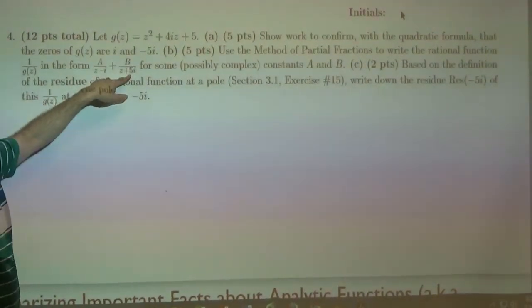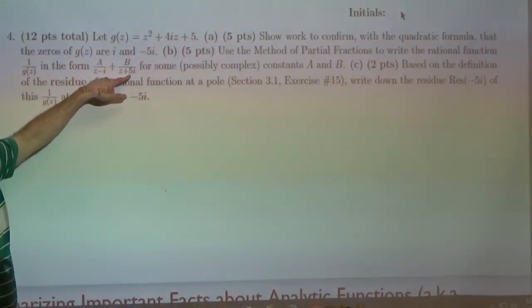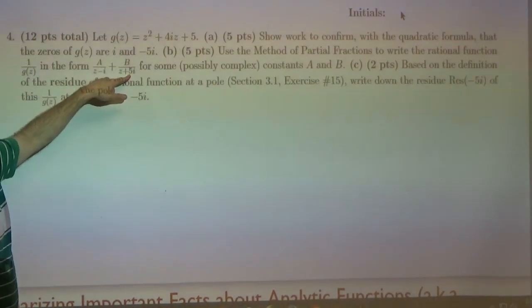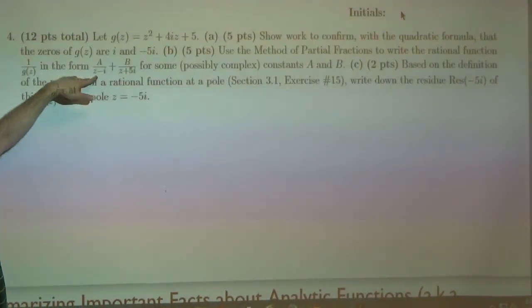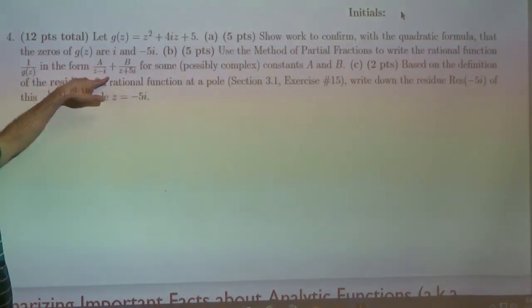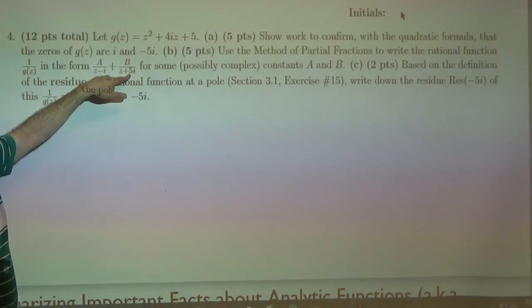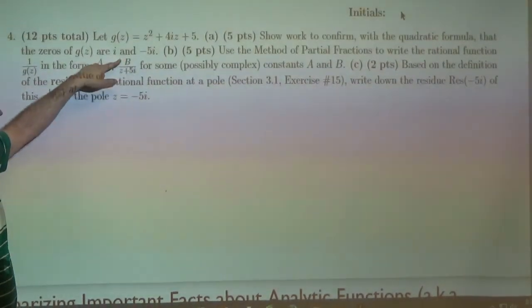This will be the negative 1 power of z plus 5i in the Laurent expansion of this function about negative 5i. It will include some positive powers of z plus 5i as well that come from this form. But that will be the negative power of z plus 5i. So the residue is going to be whatever b is.